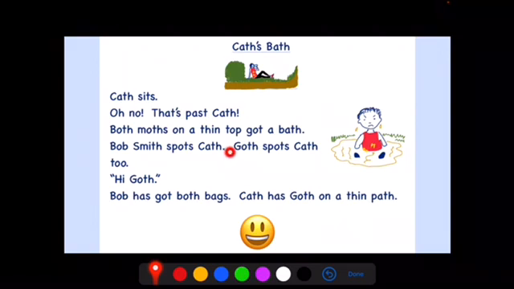Bob Smith spots Kath. Goth spots Kath too. "Hi, Goth." Bob has got both bags. Kath has Goth on a thin path.